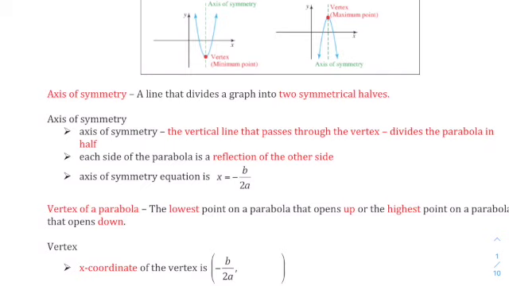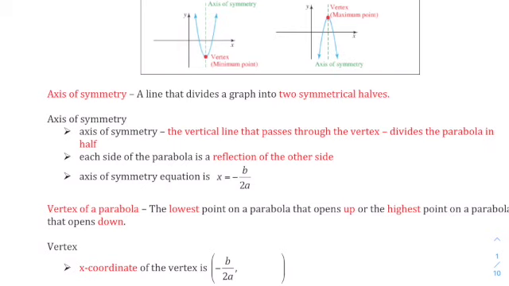In the picture above, that's the dotted line. It divides the parabola in half, and each side of the parabola is a reflection of the other, meaning they match exactly.